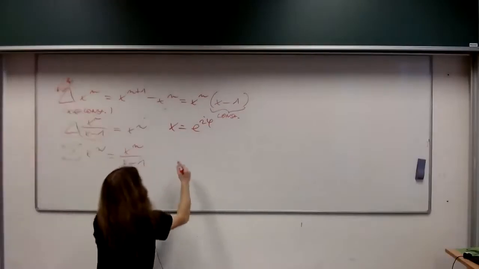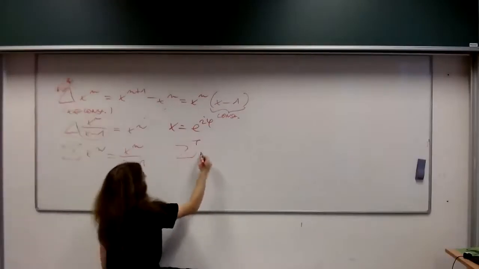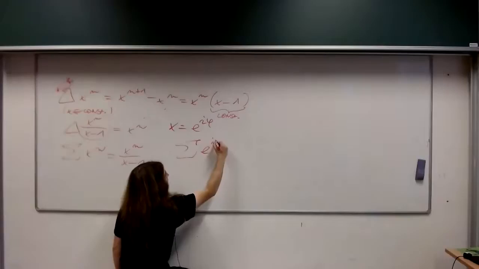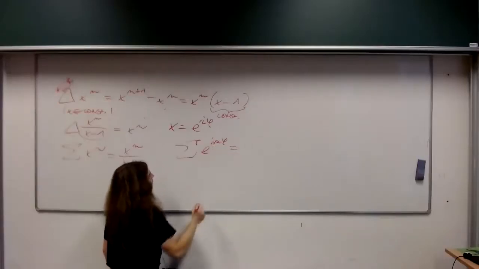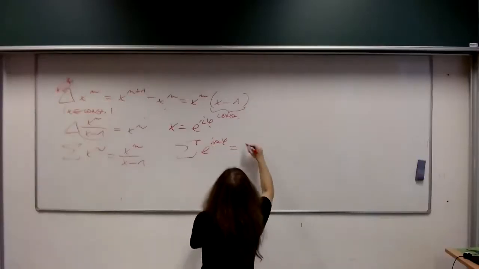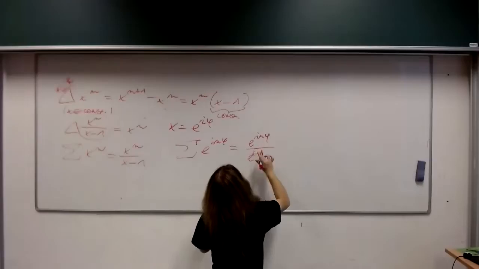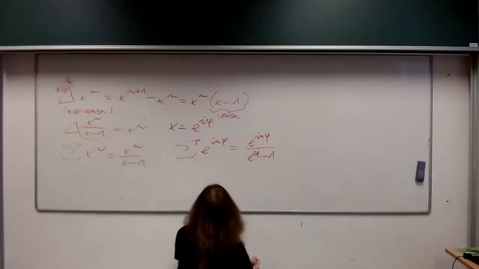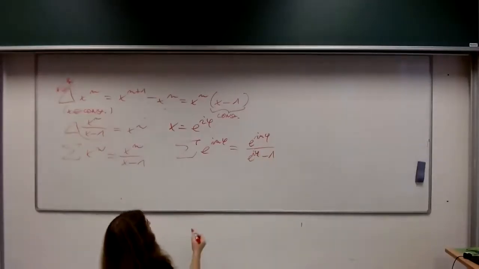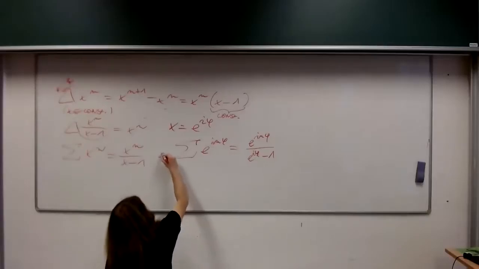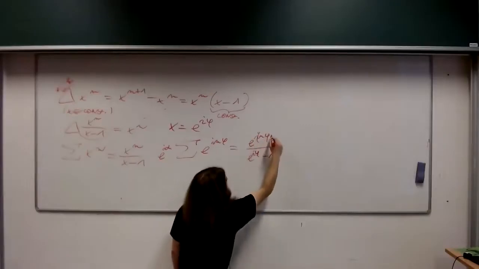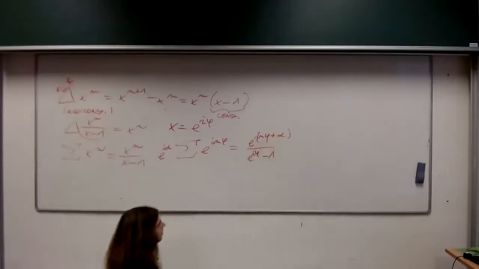So if we do that, we get the sum of e to the i n phi equals e to the i n phi over e to the i phi minus 1. And if we want, we can multiply this thing by some constant like this, and then it appears here.